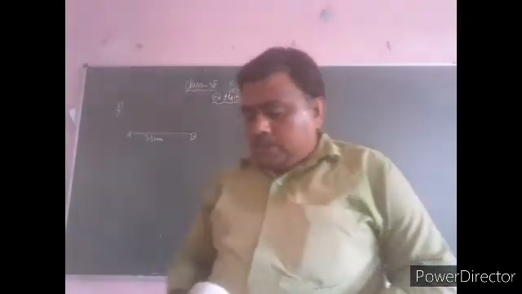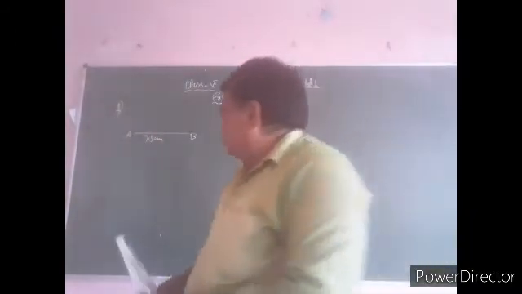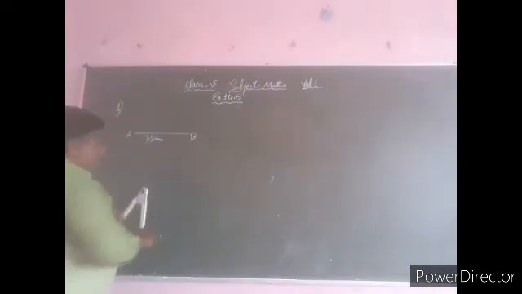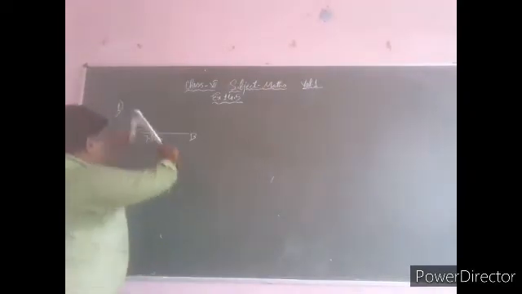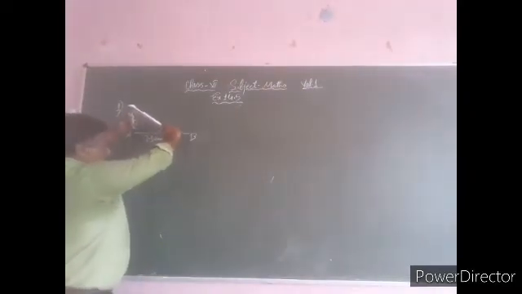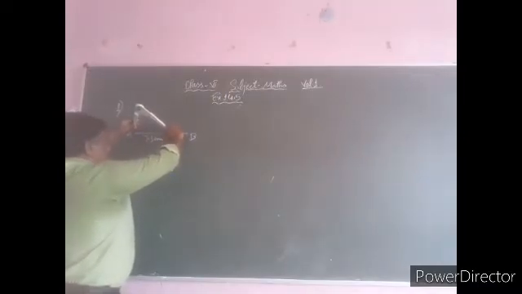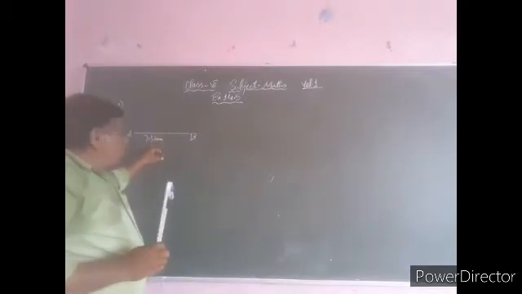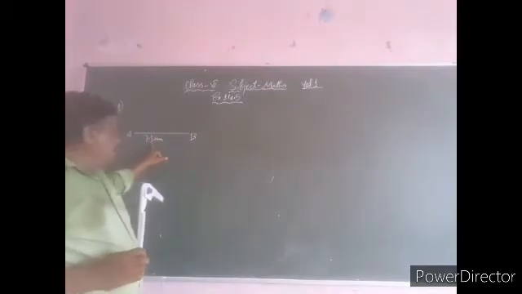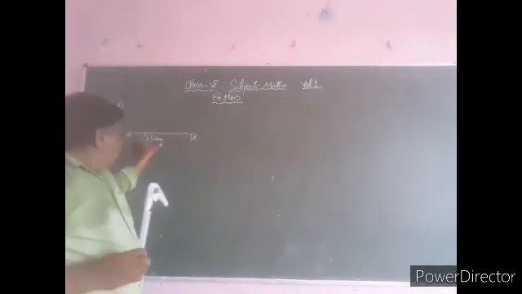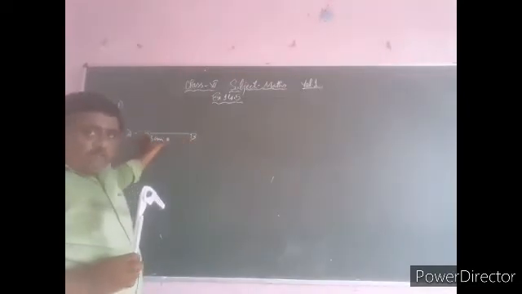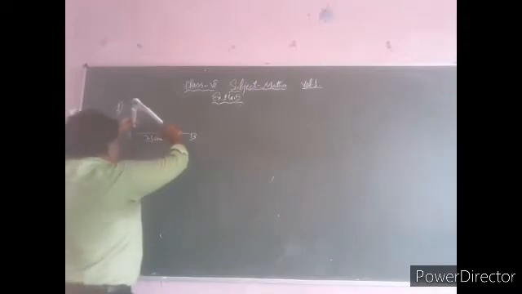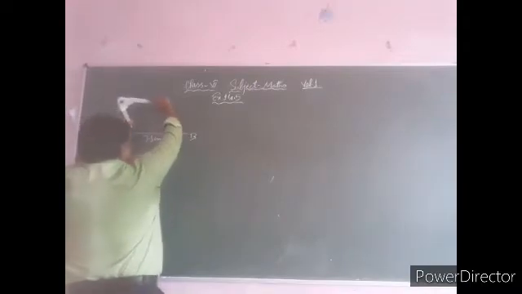So using compass, next step, taking A as the center and taking radius more than half of AB, so it will be this arcs.